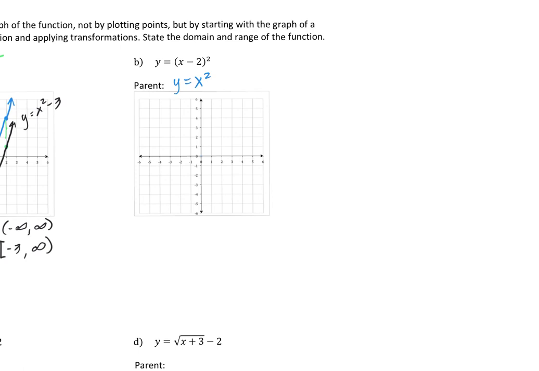Same graph as I had in the first one: 0, 0, 1, 1, negative 1, 1, 2, 4, negative 2, 4, and I have my parent. So the minus 2 within the parentheses means I'm going to shift right 2 units. So I'm going to take all these points and shift them right 2.